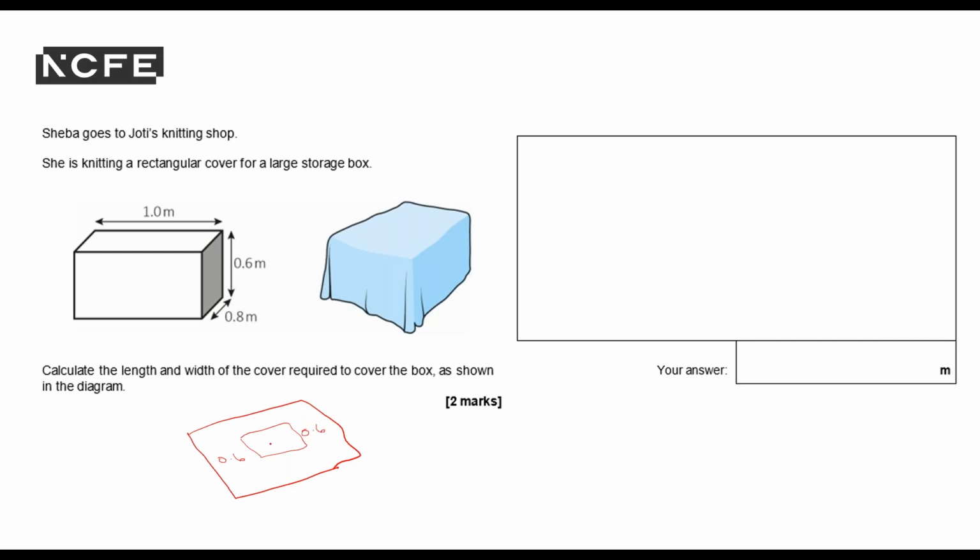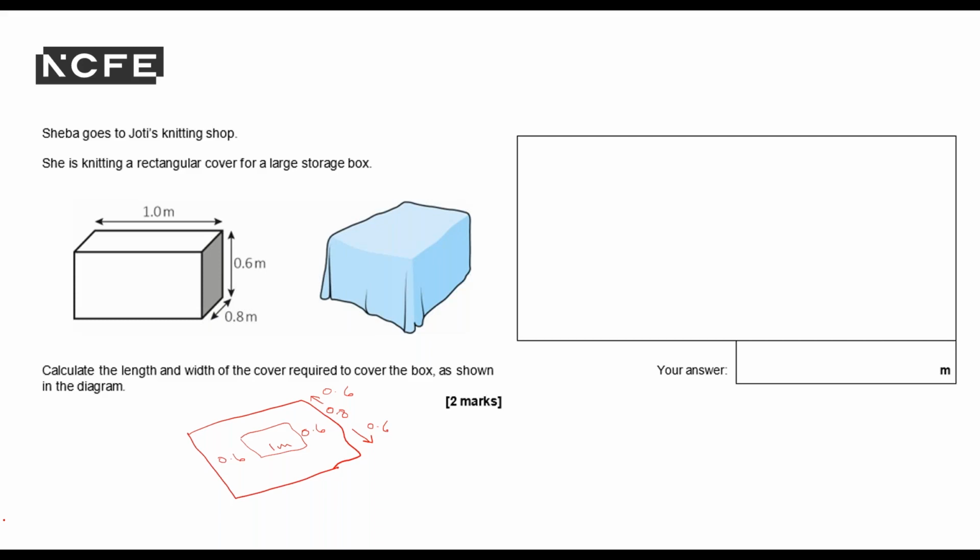The length there is 1 meter, and then my width along is going to be 0.8, and then those bits there are going to be 0.6 as well. Okay, so that's just to give me a little bit of a guide to make sure I include all of the right calculations.